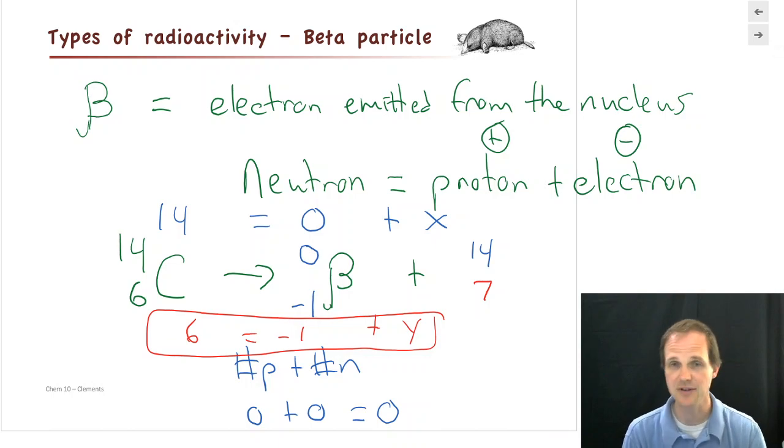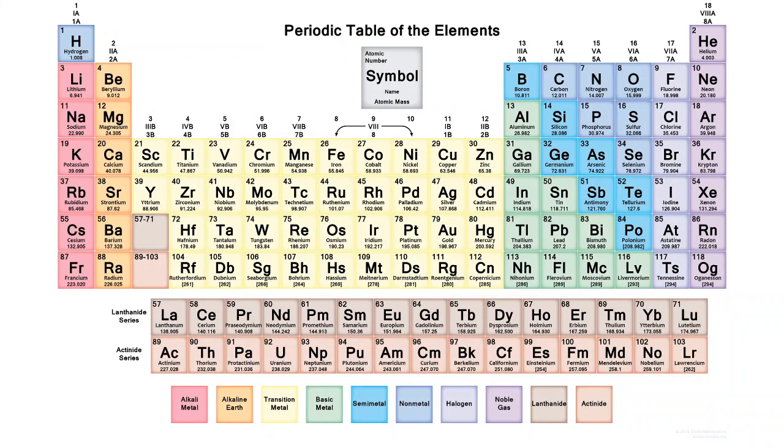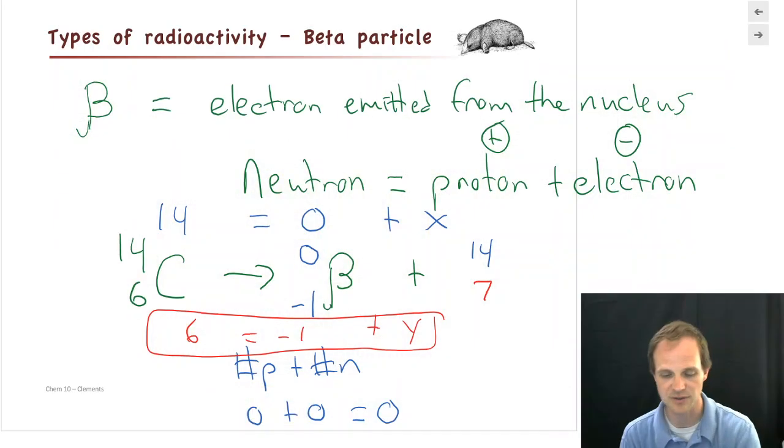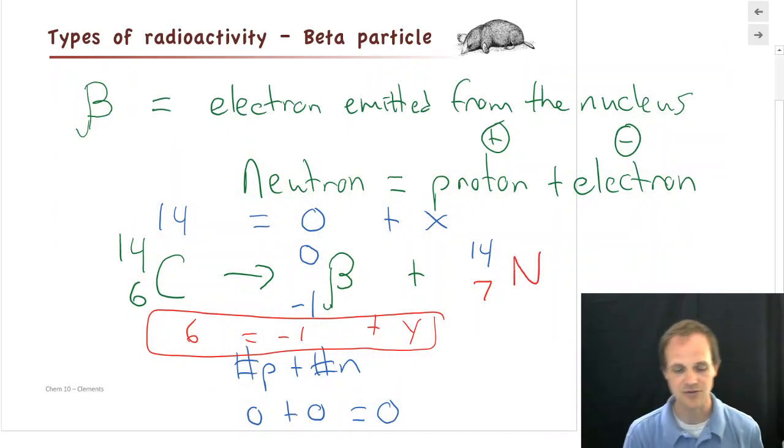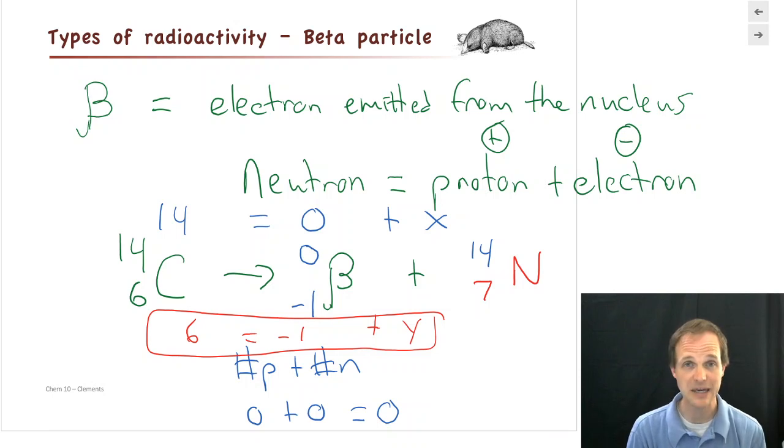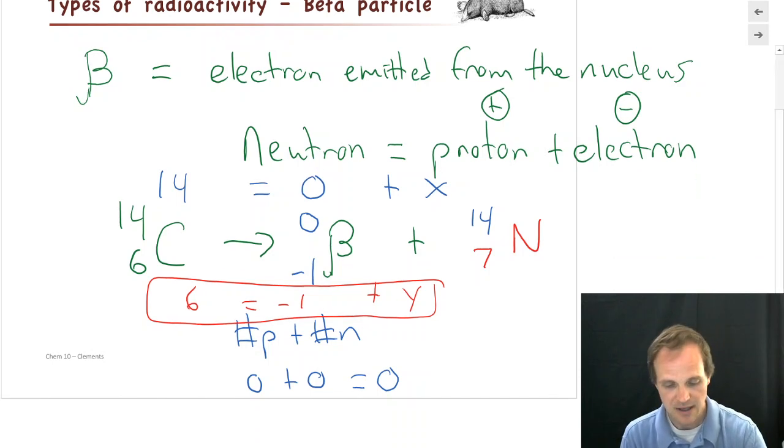And so 14(7), you're going to cross-reference onto your periodic table, find element number 7 over there. If you find element number 7, you will see that it is nitrogen. And so what we can say out loud is carbon-14 undergoes decay by emission of a beta particle to form nitrogen-14.